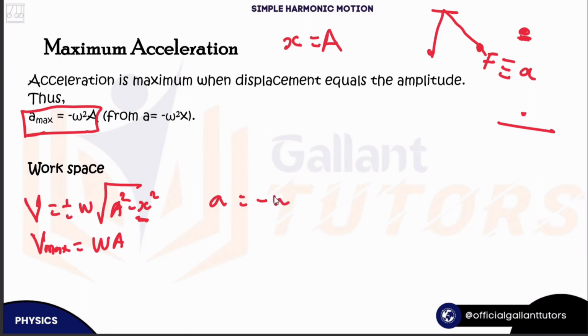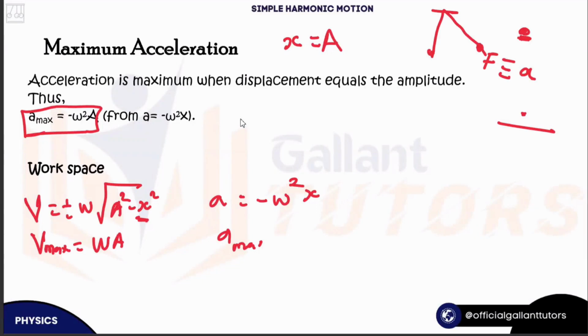Normal acceleration is minus W square x. So at maximum acceleration, we know that x is equal to what? Amplitude. So we're now left with minus W square A. Is that clear?